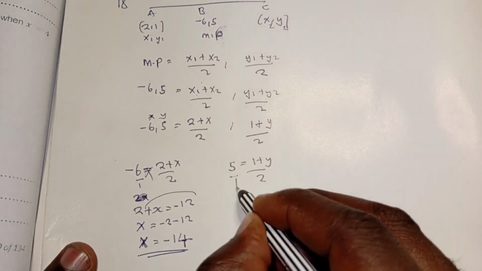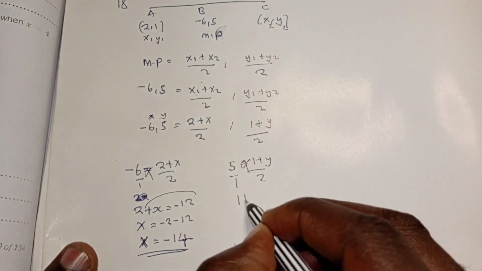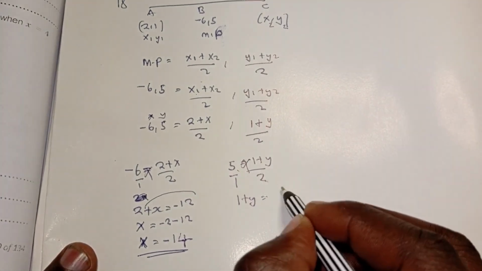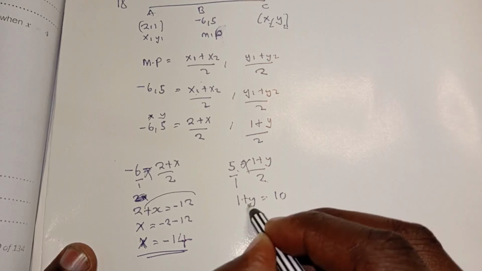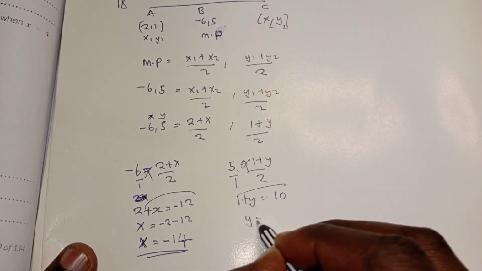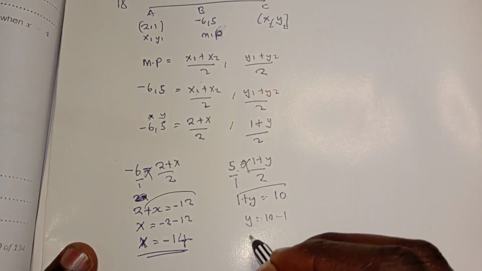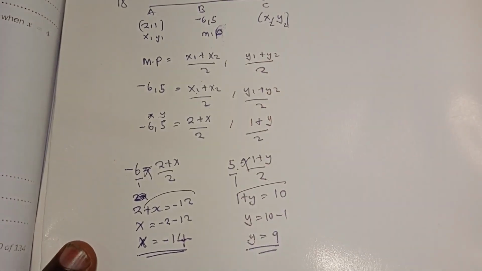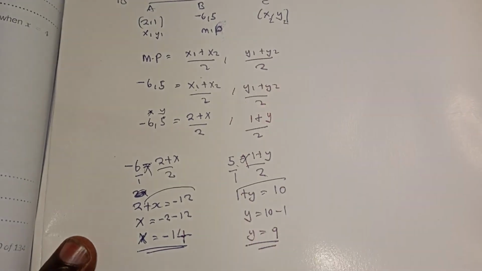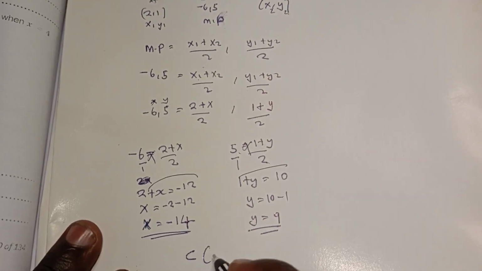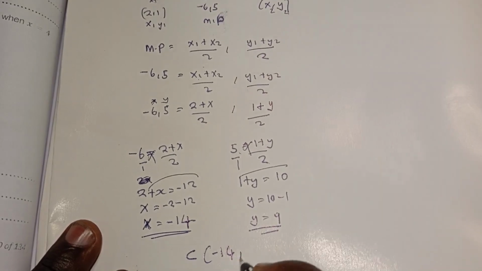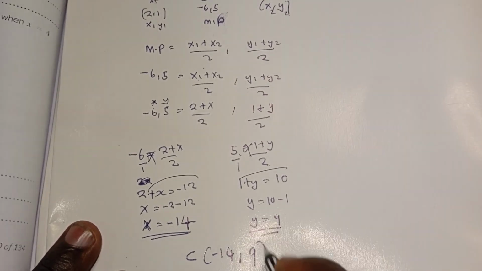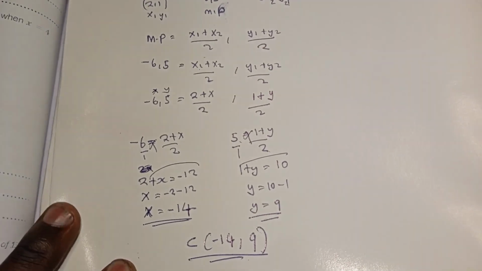This side, you do the same thing. 1 plus y is equal to 10. Take the 1 to this side: y is 10 minus 1. So y is equal to 9. Therefore, the coordinates of C is simply negative 14 comma 9, and you are done.